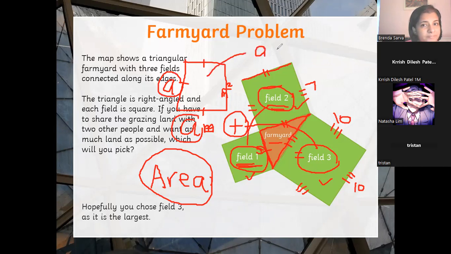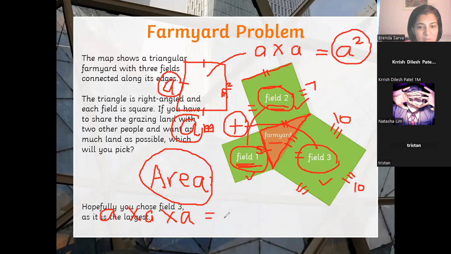The area is A times A. Am I right? And you have learned this. Index numbers, A squared. Remember? Do you remember your squares? If it's A times A times A, then it's called A cube. That is volume. In index numbers, the power can go up many more.